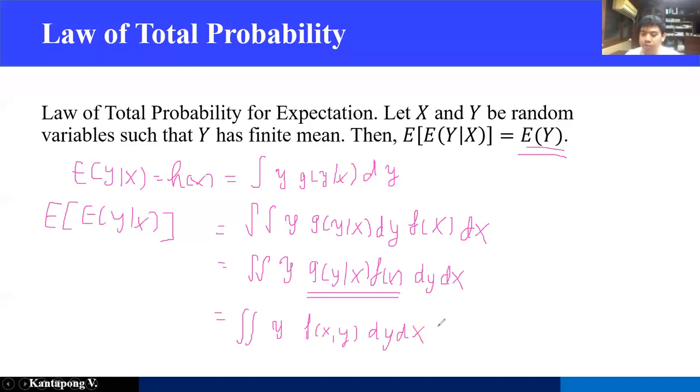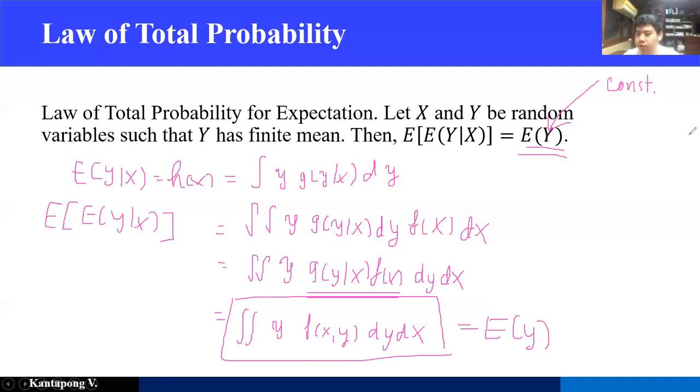So this one is what? The expectation of Y. So if we use two expectations, what we should expect to get is a constant. This one is not a function, it's not a random variable, it's a constant. This one is a function of X.